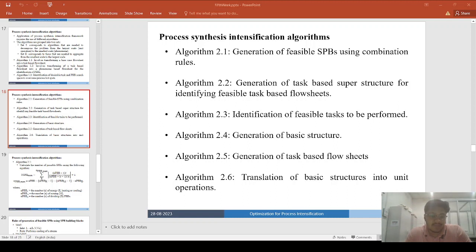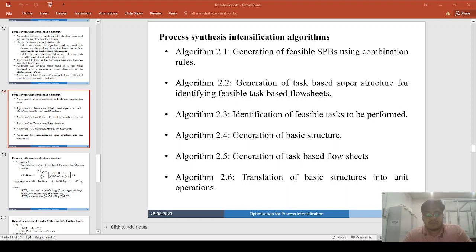Then sub-algorithm 2.4 involves the identification of the basic structures that are able to perform a task, and lists this task as a feasible task with the corresponding basic simultaneous phenomena-based structures. And in sub-algorithm 2.5, the task-based flowsheet is generated, consisting of the basic simultaneous phenomena-based block structures.